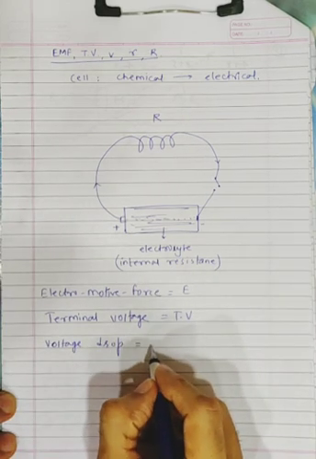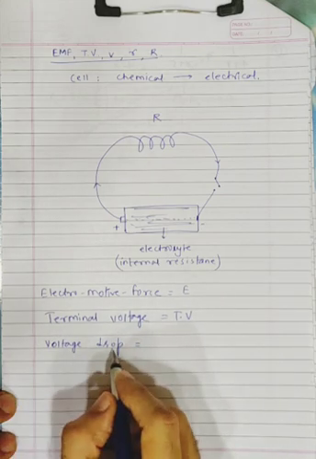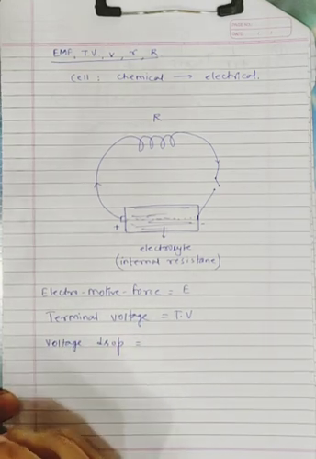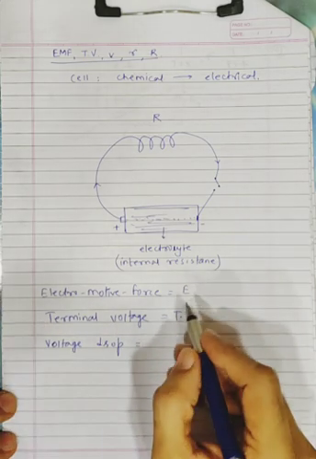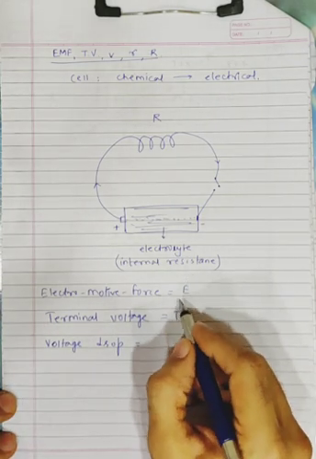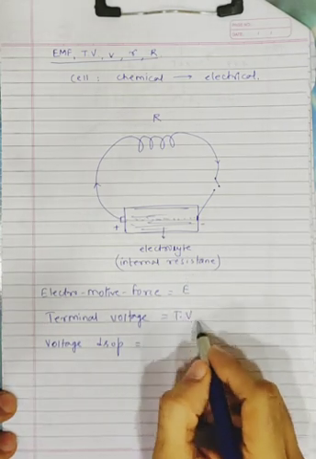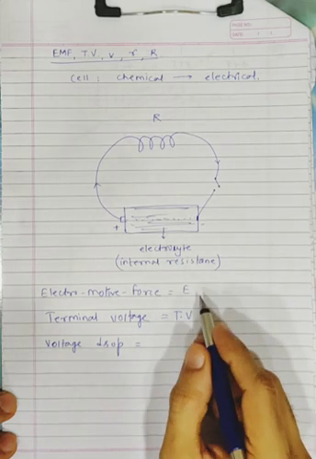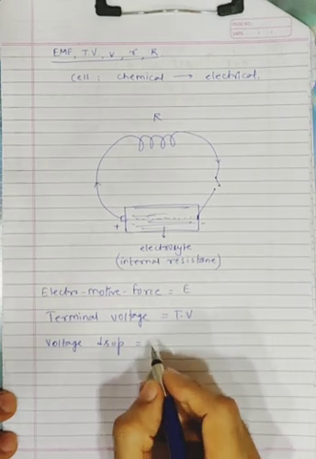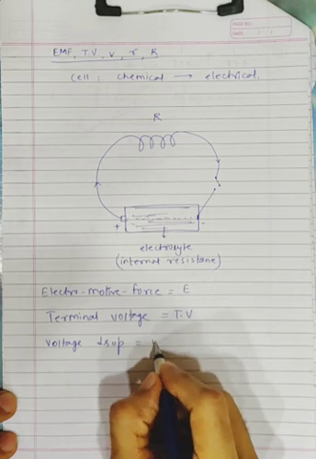You can make out from the word itself: drop means the decrease in the voltage. So you had a cell of a higher voltage, but you are able to use only some voltage out of it, and the difference is called the voltage drop. Its symbol is small v.